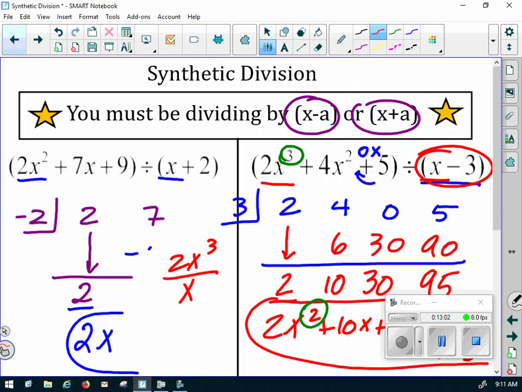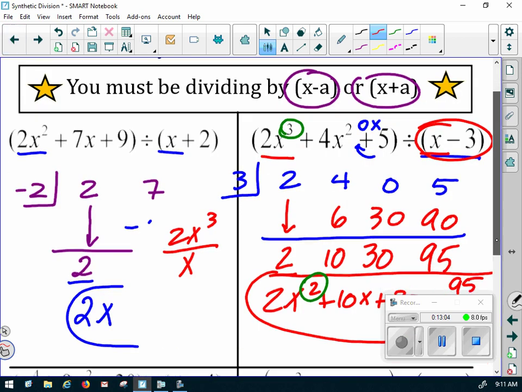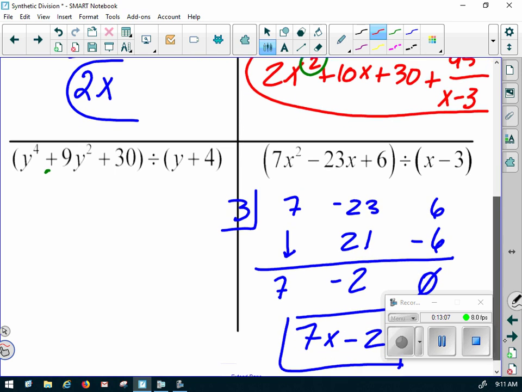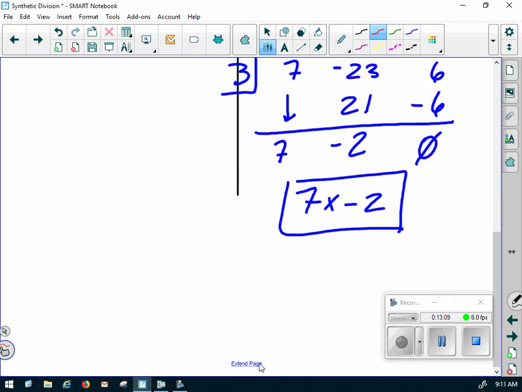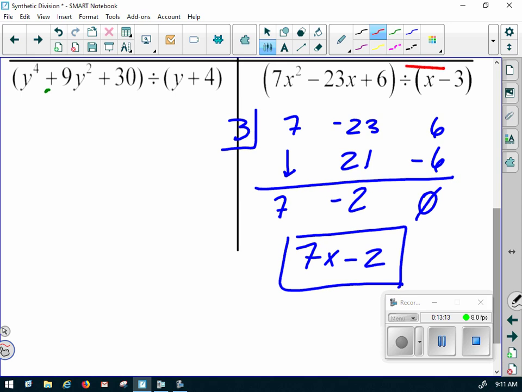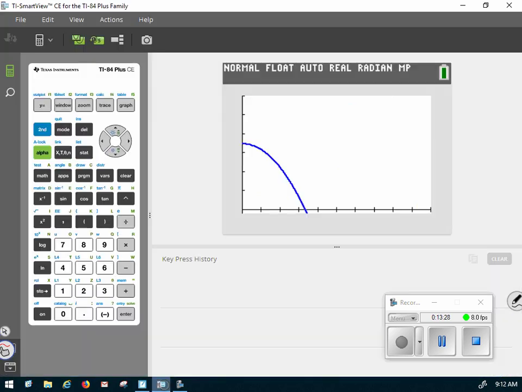I want us to go back to this problem right here. Okay? Now, I want you to do something on your graphing calculator, so please get your calculator out. You're going to have to remind me what this is because I'm pulling up my calculator.